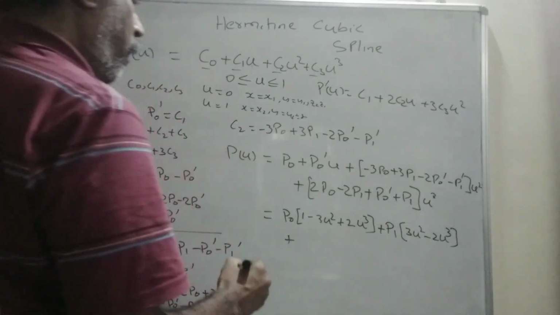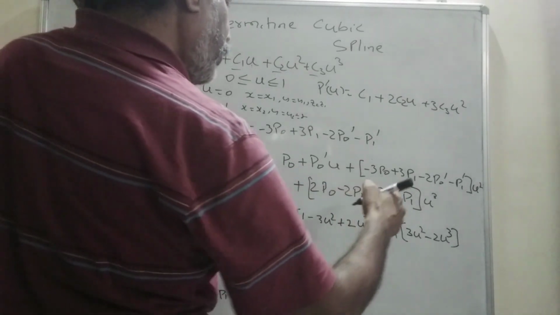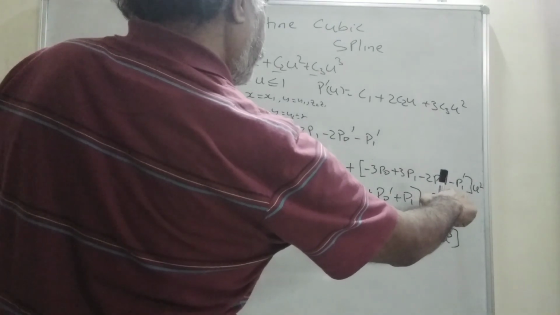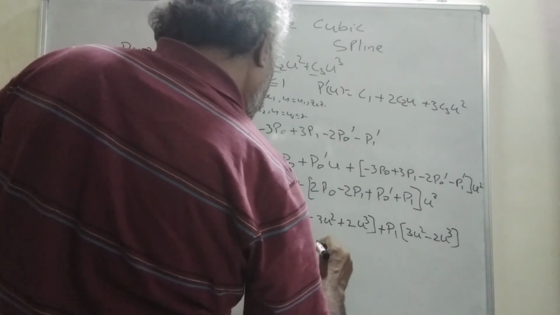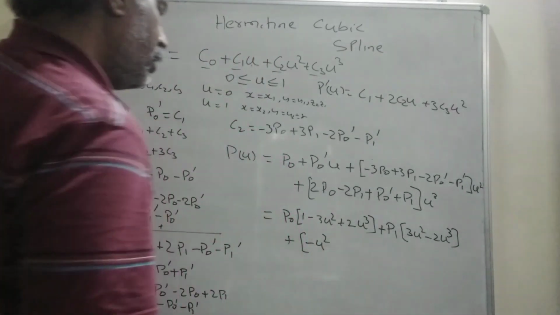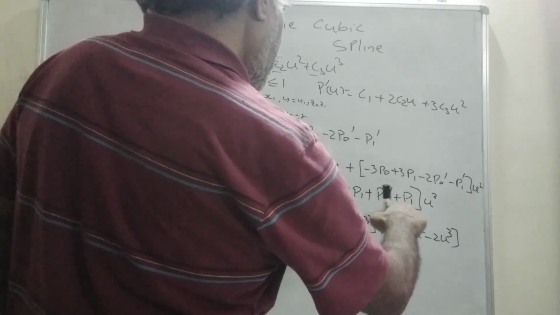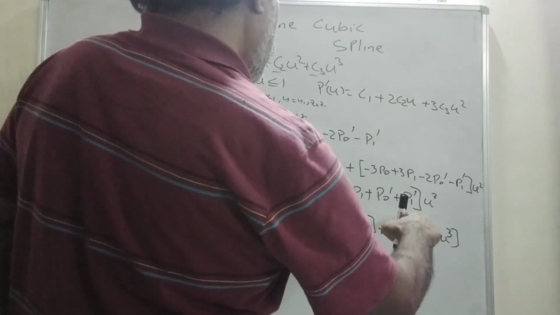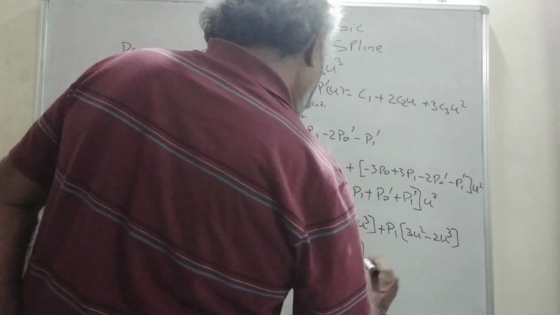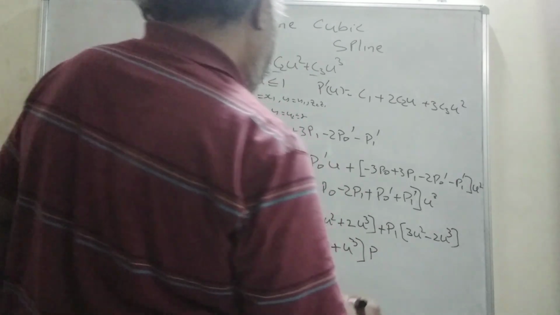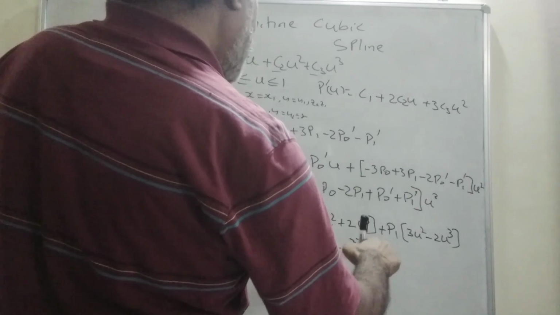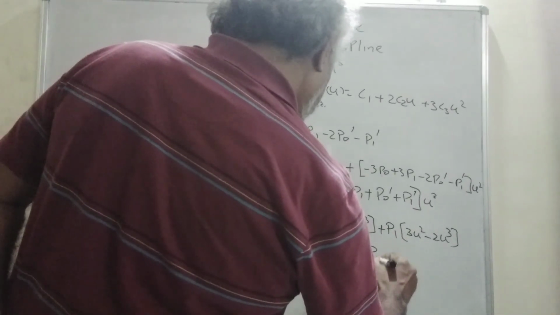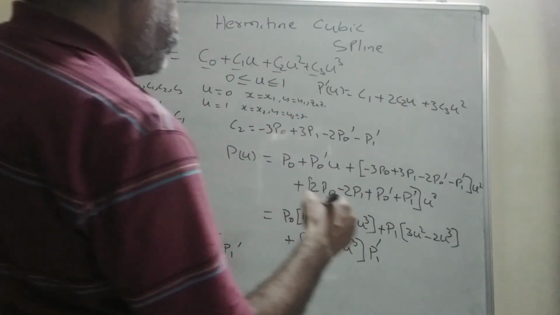Plus P1 dash. Here we are having P1 dash. In this P1 dash, we have minus U square, and P1 dash is plus U cube. So this is P1, this is P1 dash. Now we will go for P0 dash.